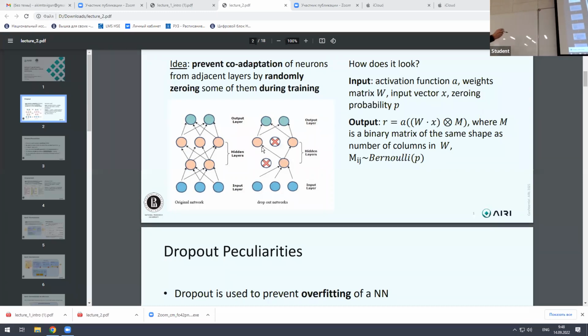So we had two neurons, let them be Z1, Z2. And each of the neurons from the next layer, let them be X1, X2, X3, depended on this one. So X1 was Z1 multiplied by some weight plus Z2 multiplied by some weight, A, and probably some bias, right? And now, since we zeroed this very neuron, it's only this.